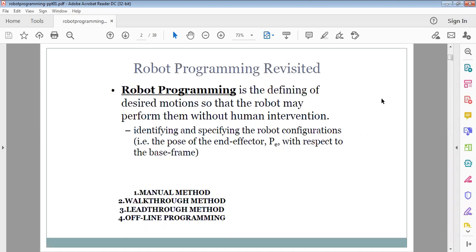Before you write the program, you have to identify and specify the robot configurations, that is, the position of the end effector with respect to the base frame. This is very essential. You learned this position of the end effector with respect to the base in the kinematic relations. This is an important step before writing the program.